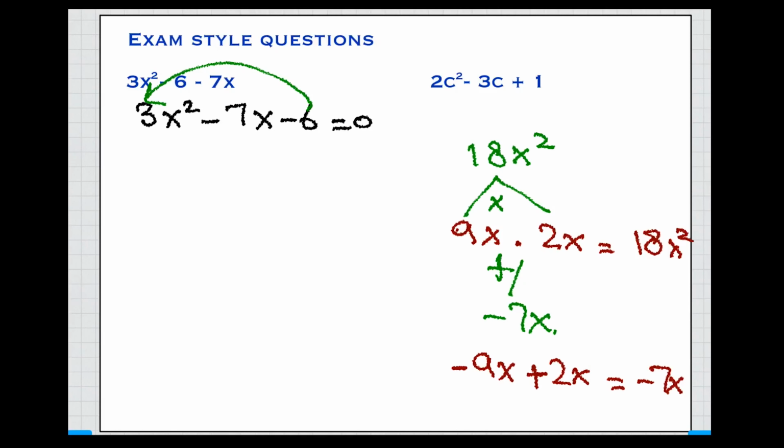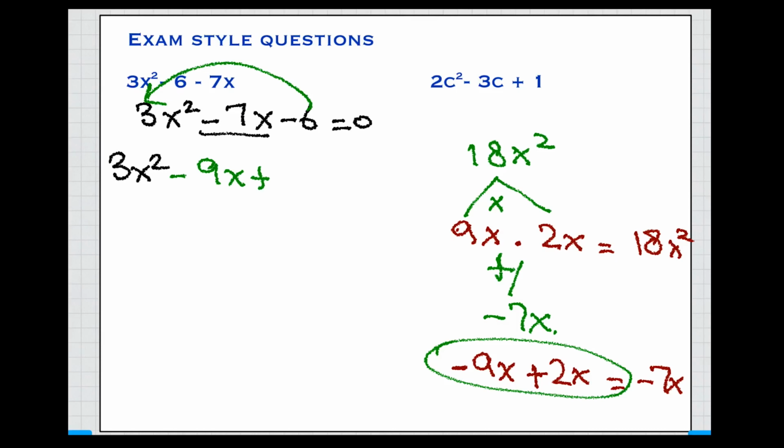So I'm going to replace minus 7x with minus 9x plus 2x minus 6. Next step, we're gonna separate it: 3x into x minus 3 plus 2 into x minus 3.